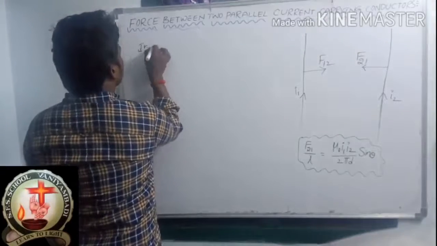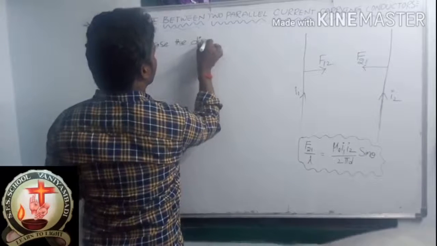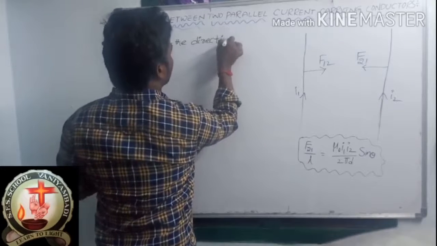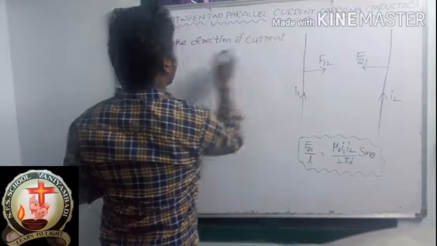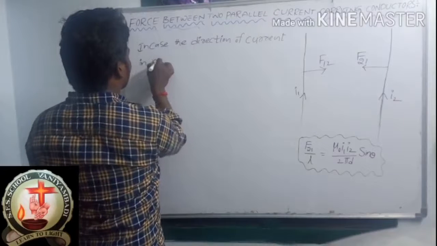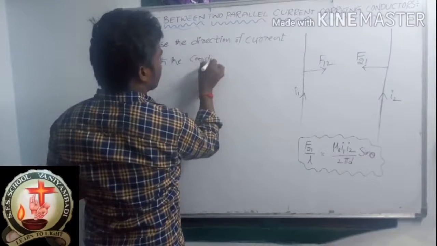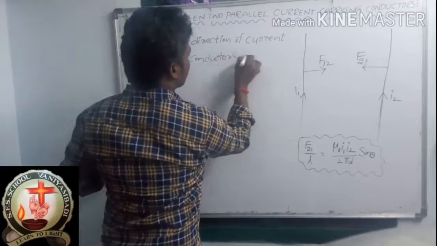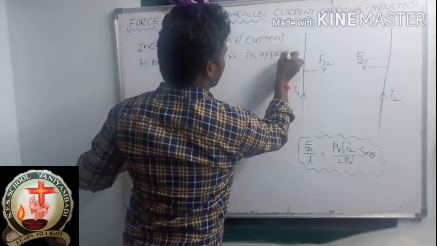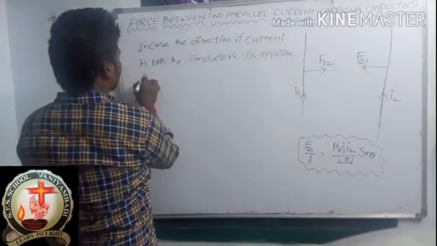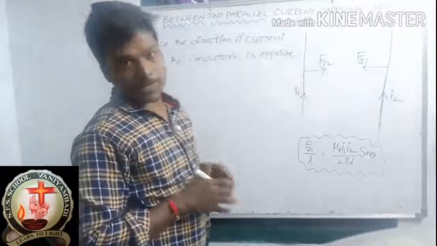In case the direction of current in both the conductors is opposite, what will happen, we'll see now.